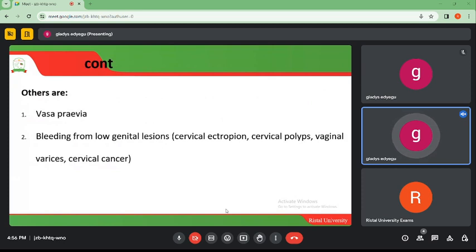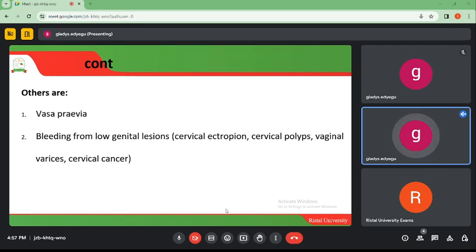Besides the first three we have mentioned, there can also be other causes, and that is vasa previa, whereby there is tearing of the blood vessels around the genital tract within the cervical os, and the mother can easily bleed. So when the bleeding occurs due to the breaking of those blood vessels within the cervical os, we call it vasa previa.